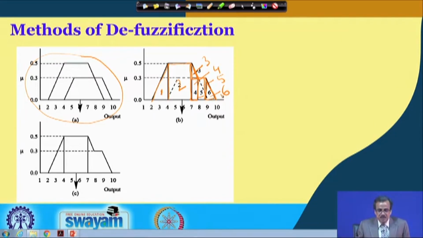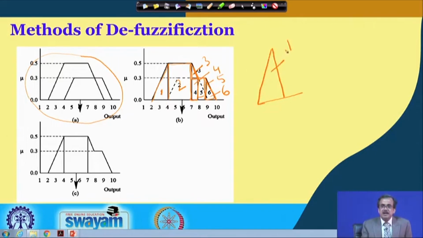Now, for each of these subregions, very easily you can find out the area and the center of area. For example, if I consider this triangle, denoted by 1, I can find out the area.